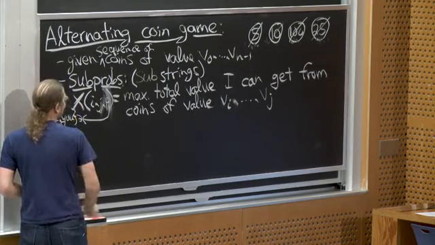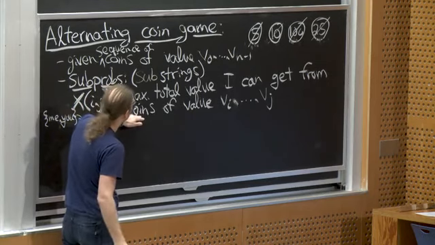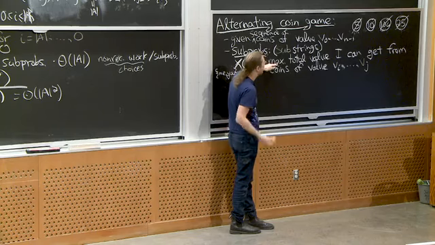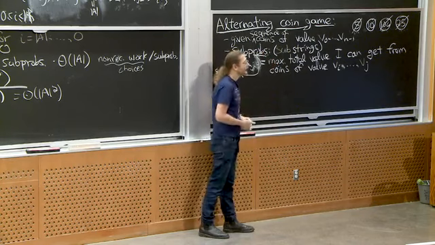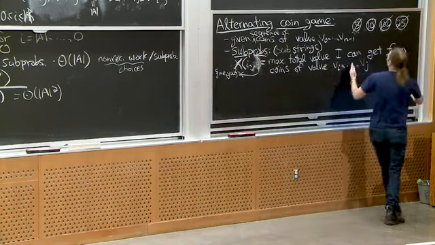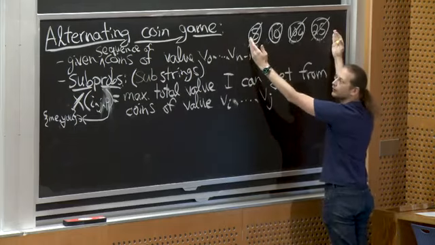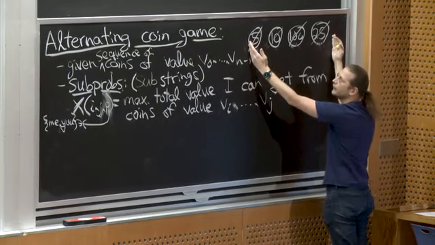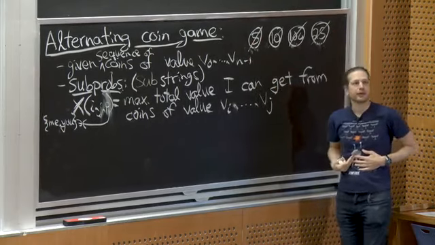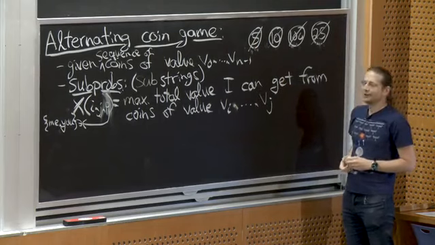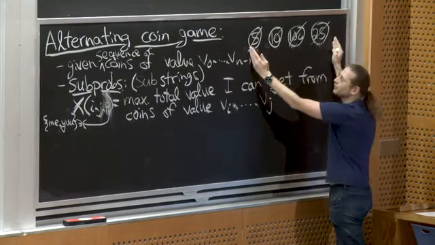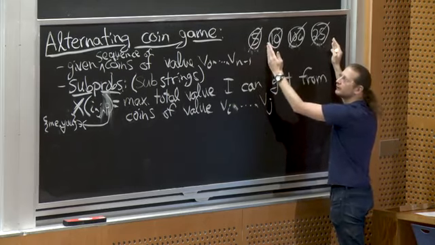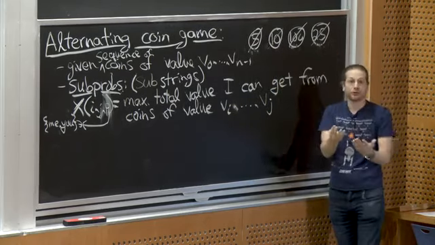Okay, and this gets at a point that's maybe not totally clear from this definition. Max total value that I can get from this substring of coins. But this is not obviously what I need. So obviously at the beginning, I want the whole string, and I want to know what my maximum value is. Fine. And I go first in this game. I didn't specify. But I do. But as soon as I do a move, as soon as I take the first coin, for example, it's now your turn.